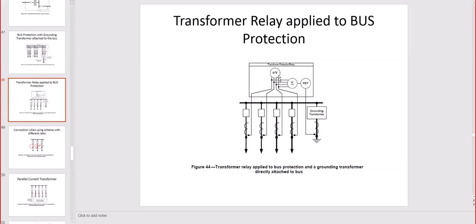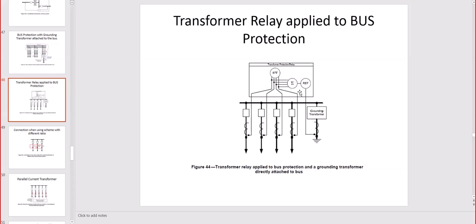So this is 87 with summation. Instead of reading the actual neutral to ground current directly, as we did, if it's not available, you can read the current on each phase, on each feeder, and do the summation.